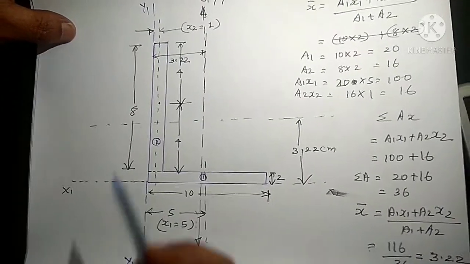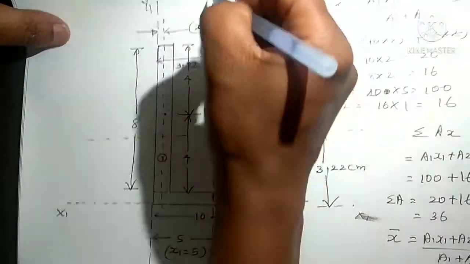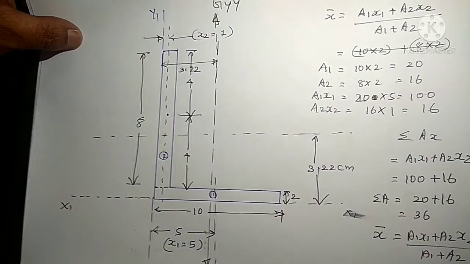Okay. So now we have to find the moment of inertia of this area about the centroidal vertical axis YY.